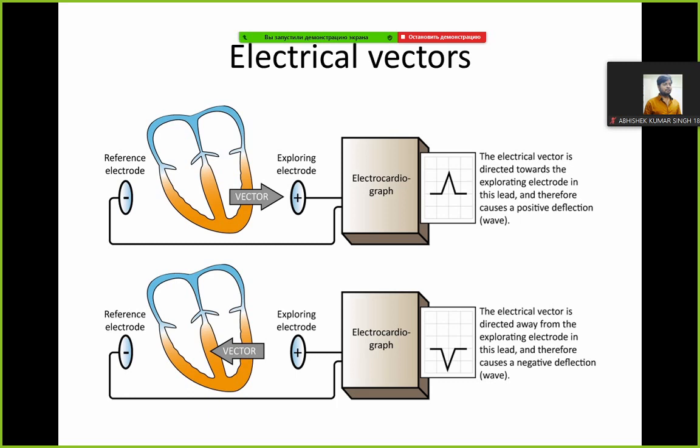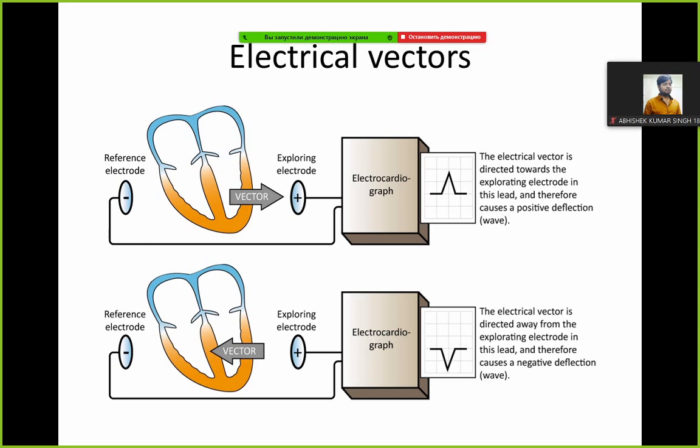Hence, the ECG waveforms displayed in the beginning of our lecture actually represent the electrical vectors of the cardiac cycle. In order to understand how an electrical vector generates a wave on the ECG curve, it is crucial to understand how ECG leads function.